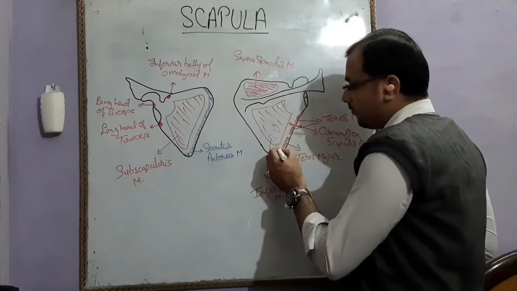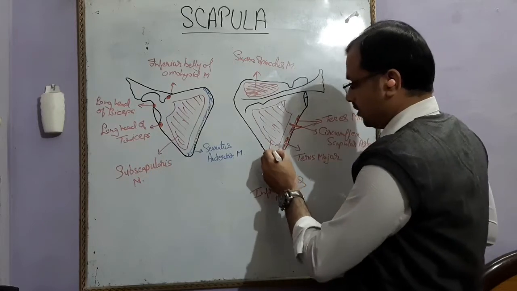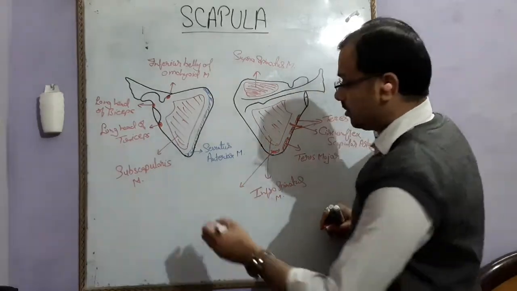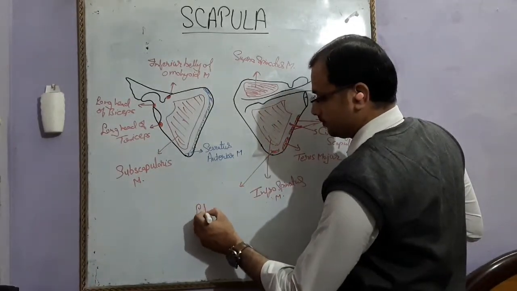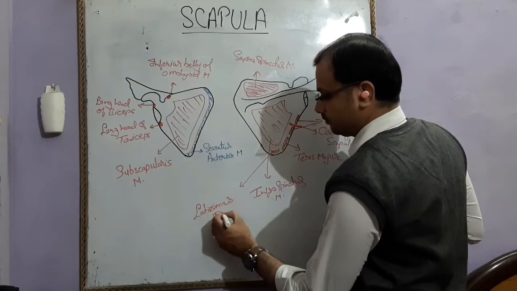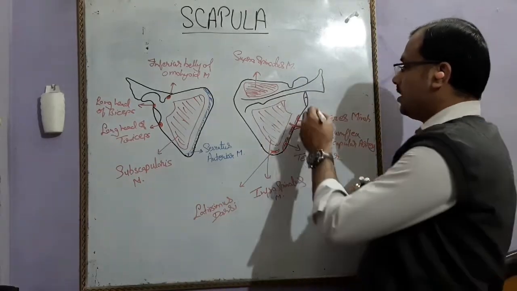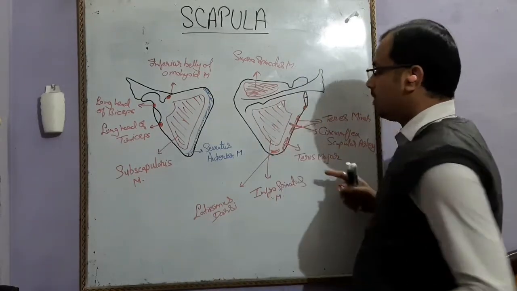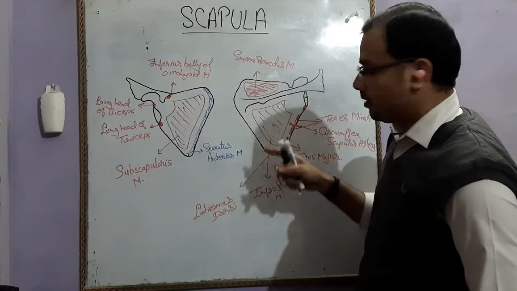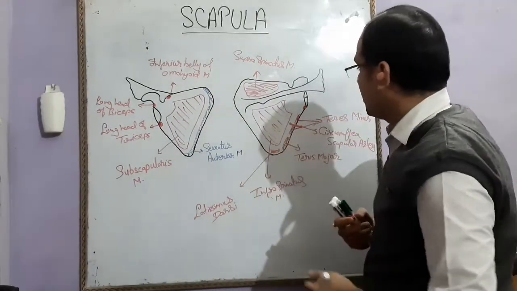And on the inferior angle, here is the attachment of latissimus dorsi muscle. These are the attachments of the lateral border of the scapula.